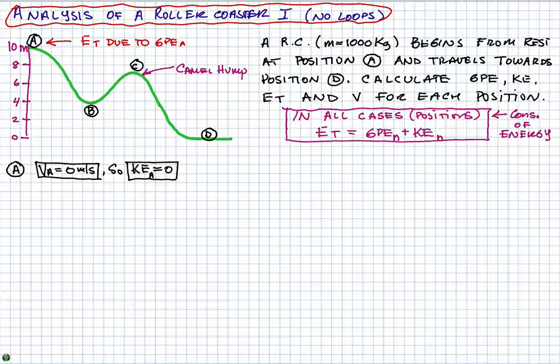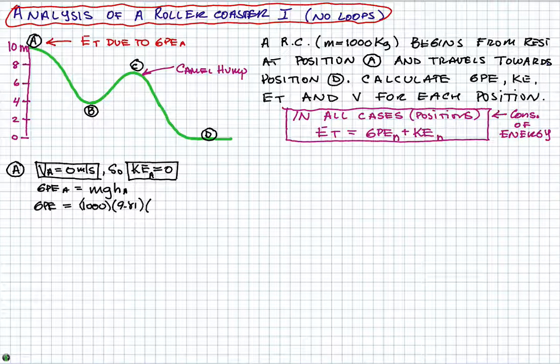So now I'm going to move on to calculating the GPE. So GPE at A will be equal to mass times g times the height of A. So the GPE is equal to 1,000 times 9.81 meters per second squared.